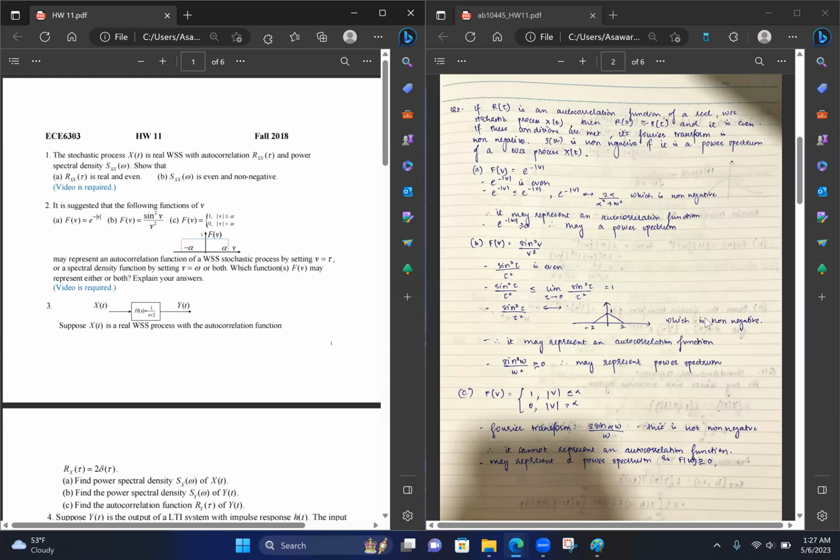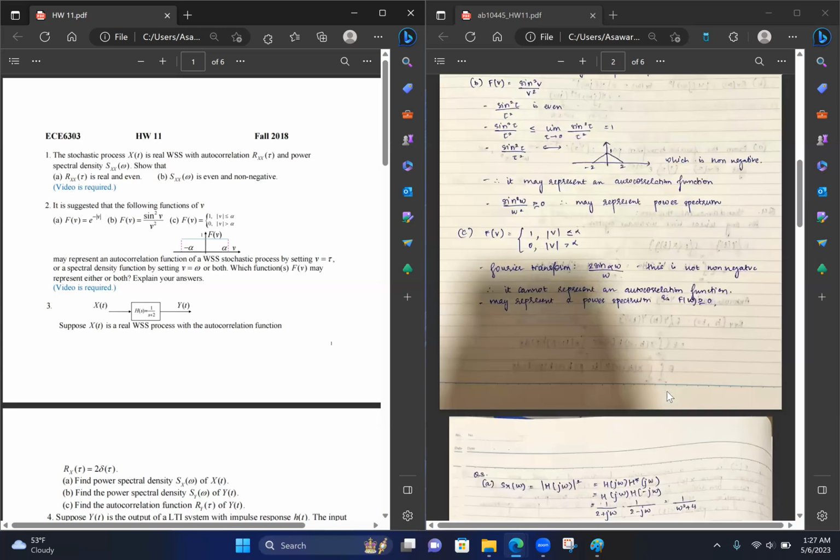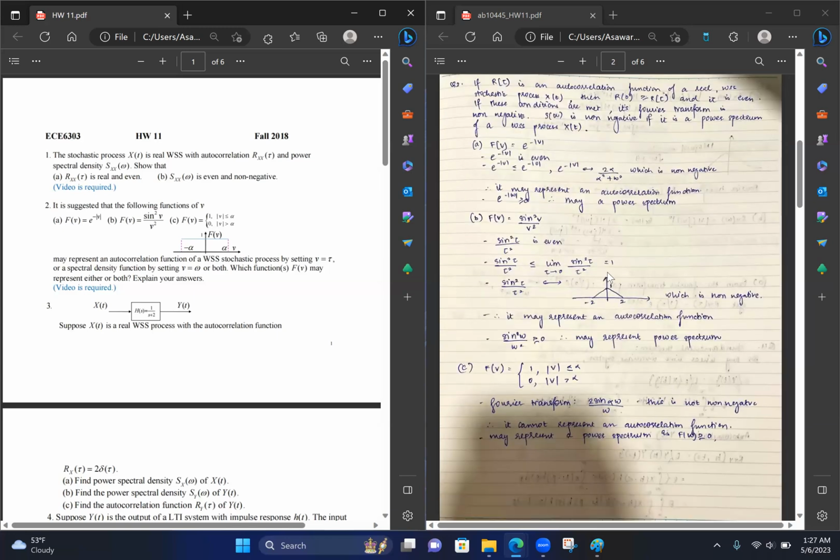Now moving on to the last part of question 2. For the function f(v) equal to 1 when mod of v is less than or equal to alpha and 0 otherwise, that is 0 for mod v greater than alpha, the Fourier transform by the formula is 2 sine alpha omega upon omega.